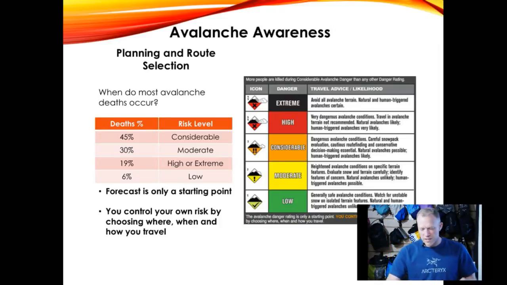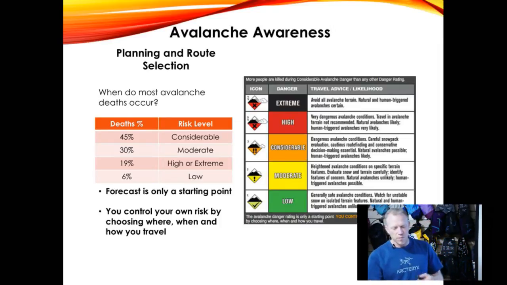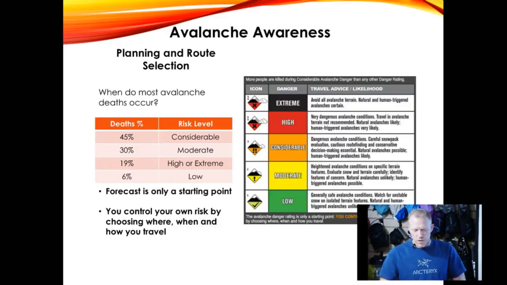So when it's considerable and you're going out there, remember that's the time when a lot of them happen. 30% the level below that, which is moderate, and only 6% of them happen at low. Okay? So the forecast is only a starting point. You still have to make up your decision and decide exactly which terrain you're going to put your skis into out there.